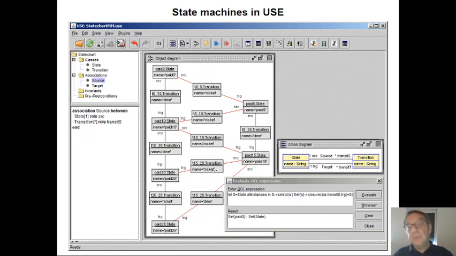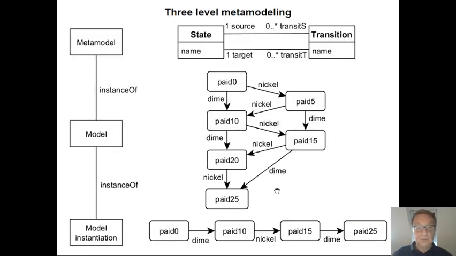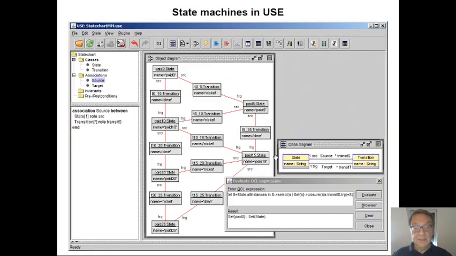And in principle, again, this graph represents this model, but this time this graph is an object diagram, a model instantiation of this meta model. So the model is an instantiation of the meta model. And here you see now, well, we have different objects. We have the state objects as before.